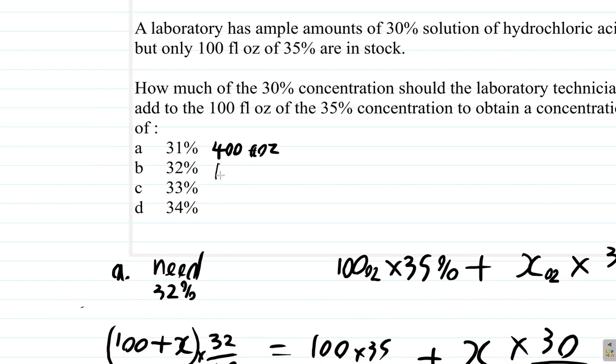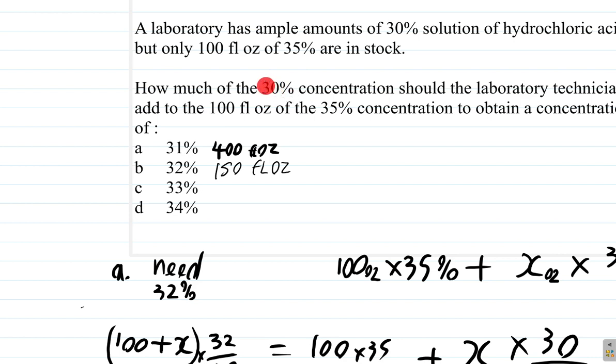So we need 150 fluid ounces of the 30% concentration. Now remember, you want to mix the 30% here with the 35%, but you want to get 31%, right?